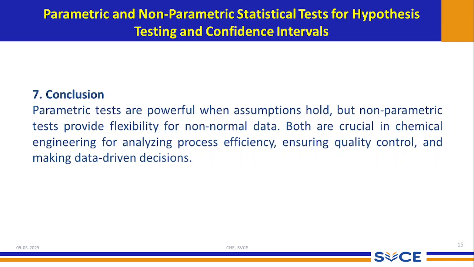Then we test how it is distributed, whether normal distribution or not, so that we can come to a conclusion, analyzing for process efficiency, quality control and data-driven decisions. Only for that are we doing all this.